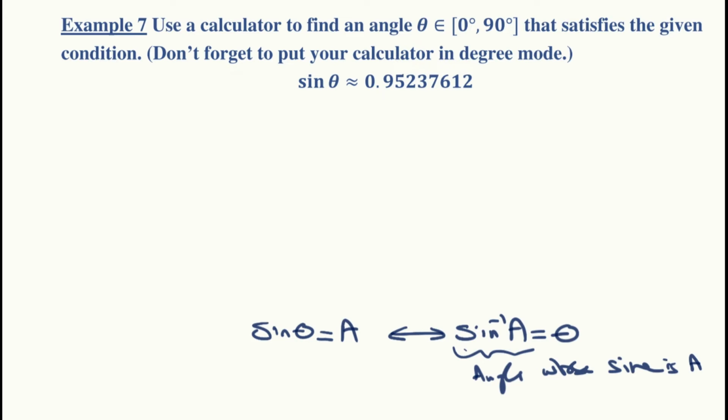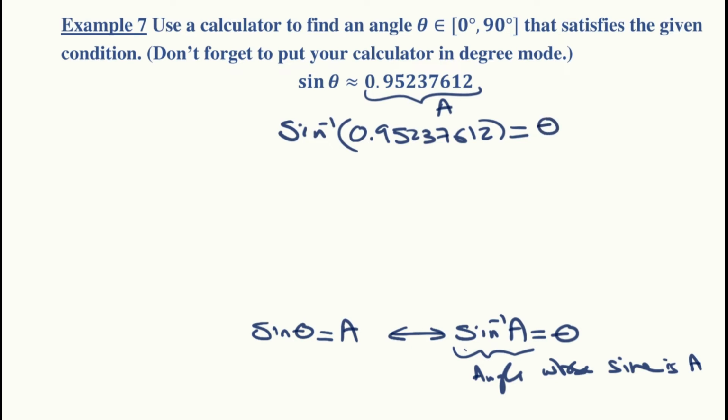So since sine of theta equals this answer, and this is playing the role of A, that means the inverse sine of this number, 0.95237612, should be the angle theta that we're looking for.